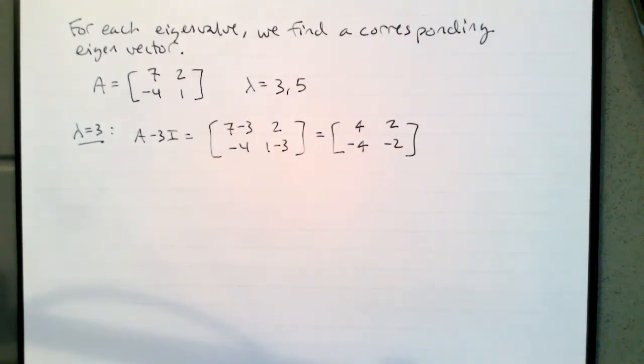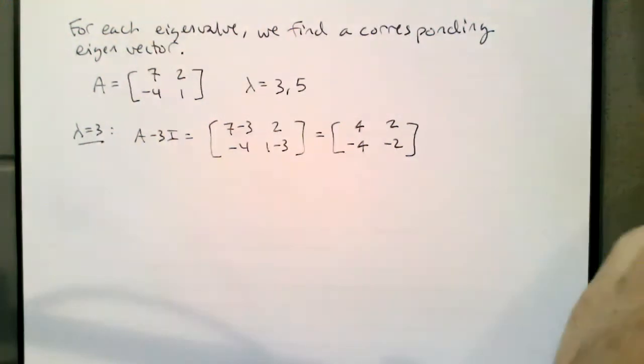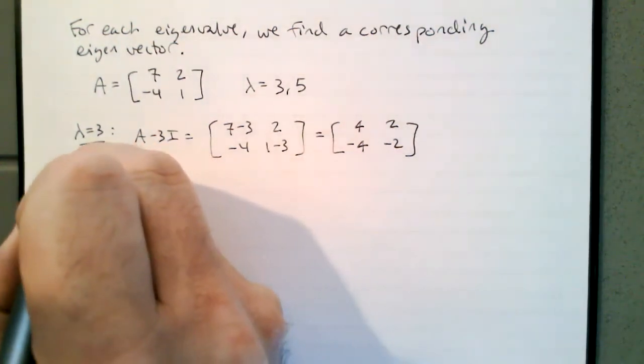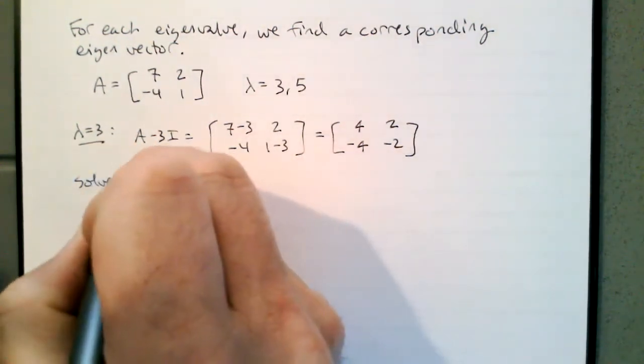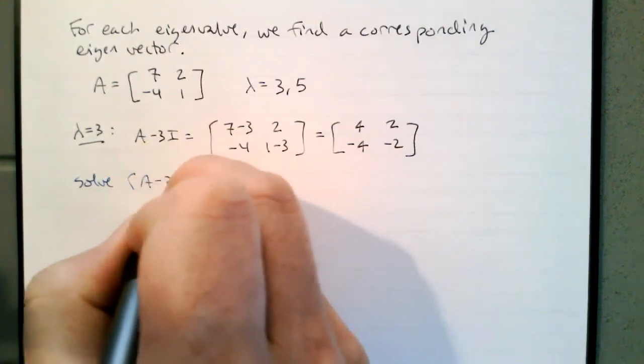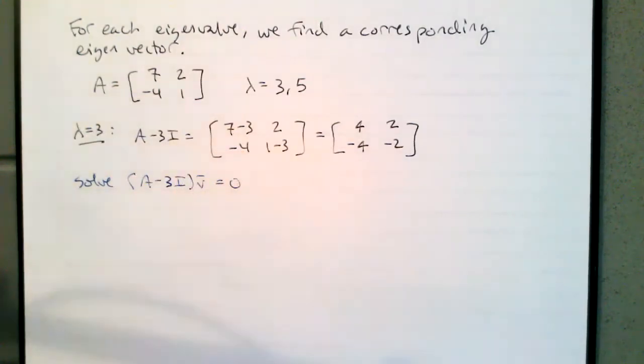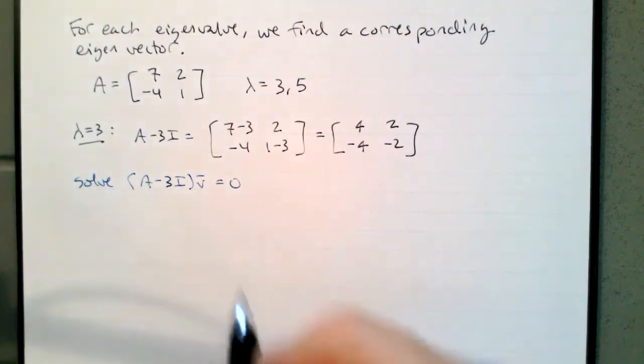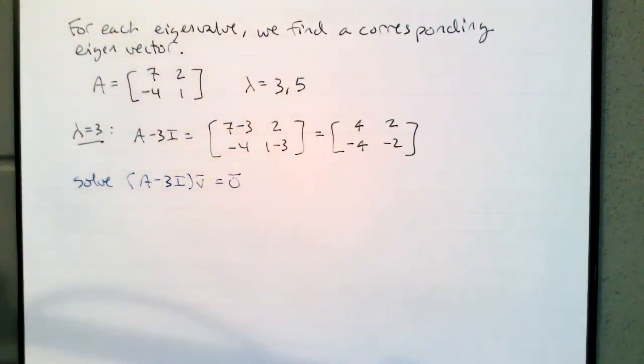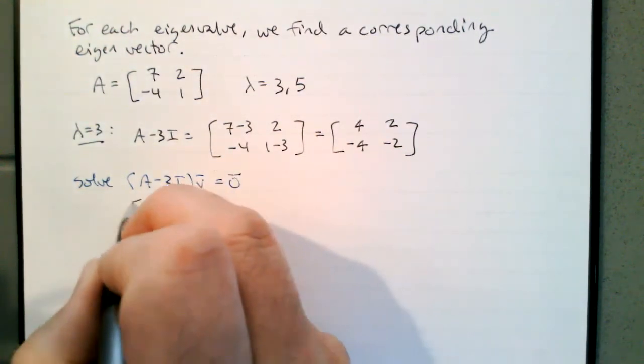So what we want to do is write the non-trivial solutions to A minus 3I times v equals 0. So now what we need to do is solve. And for that, we're going to use an augmented matrix. It's a homogeneous equation. We don't really need an augmented matrix, but we're going to emphasize what we're doing.